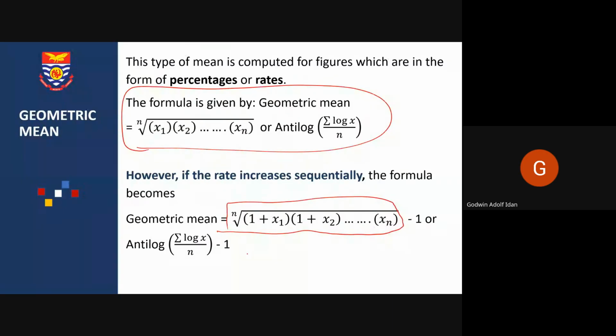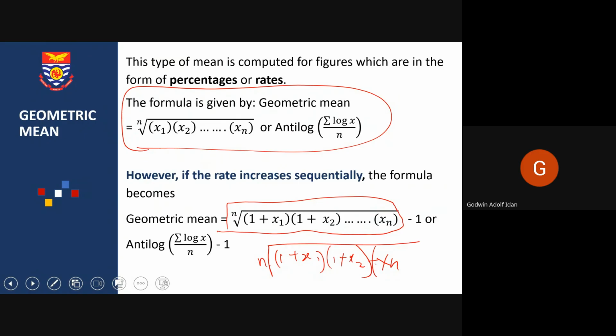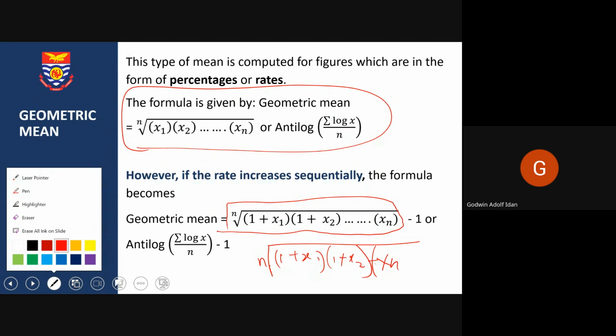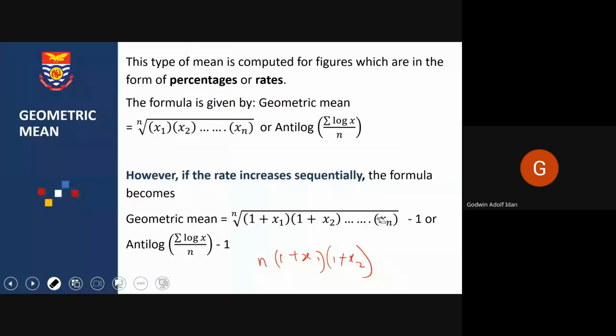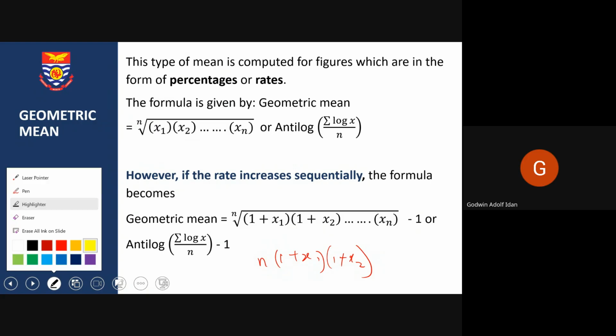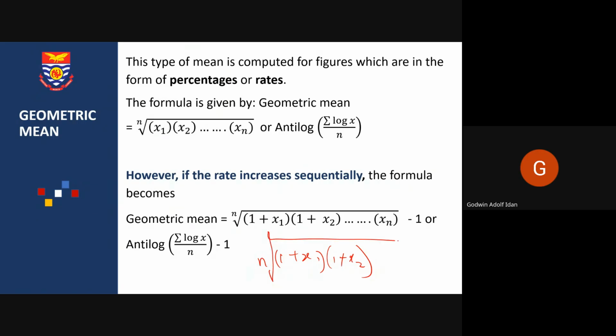So we're going to have the nth root of 1 plus x1, multiplying 1 plus x2, multiplying up to the last value, 1 plus xn, everything minus 1.